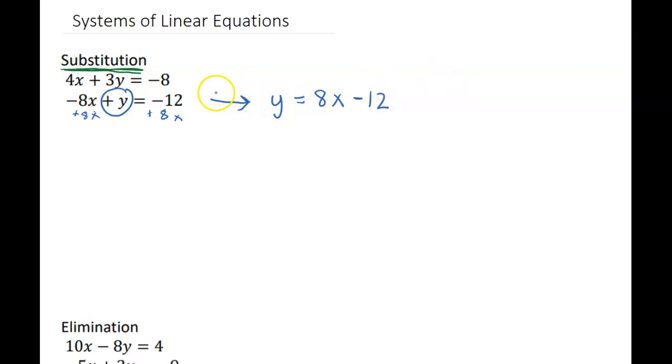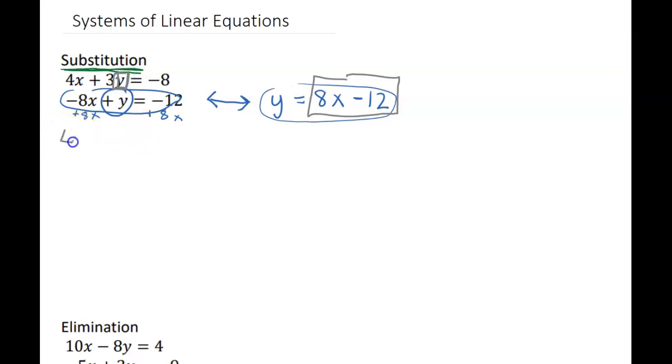Everyone should be able to recognize that this and this are the same equation, just written differently. Now that I have that, I can substitute, hence substitution, the 8x minus 12 in for y. I have to do it into the other equation.